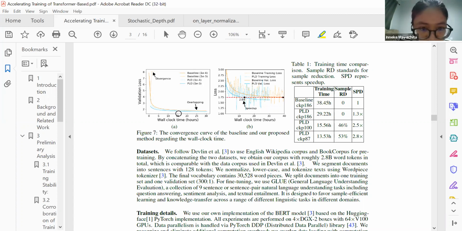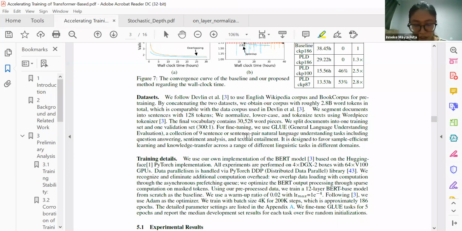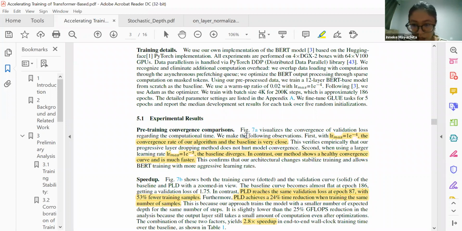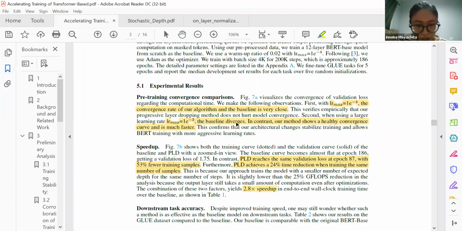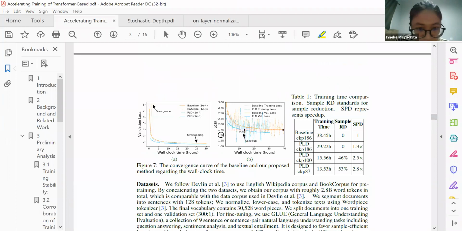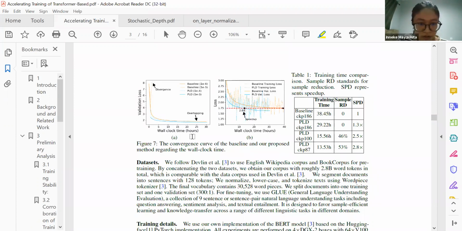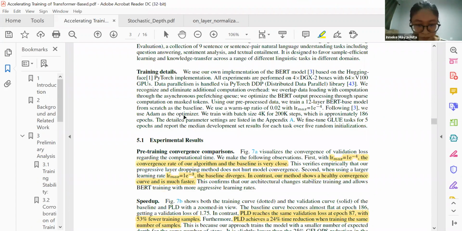With the smaller learning rate, PLD can achieve the same validation loss as the baseline, which means we don't hurt the performance of the model. We can also see that with the baseline model, when we use a higher learning rate, the model diverges, while using PLD, the model doesn't diverge, which is another plus point of this new PLD.